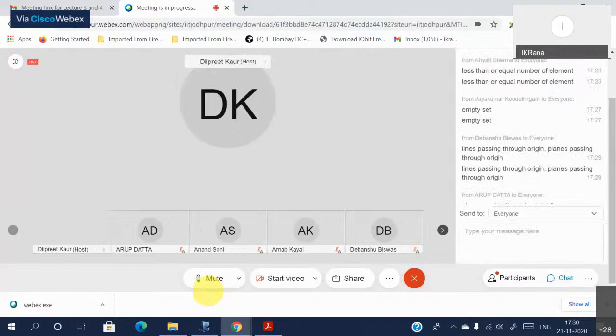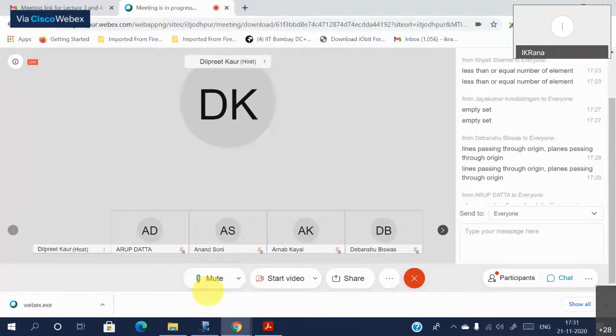Let me look at it. Devanshu Biswas says lines passing through origin, planes passing through origin. And Jaya Kumar says empty set. Wow, great. So both of these now need discussion.